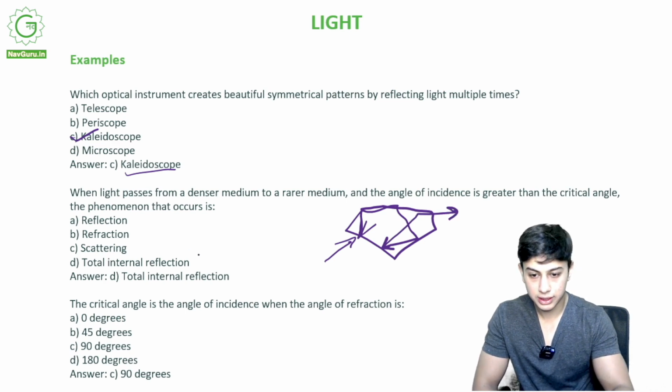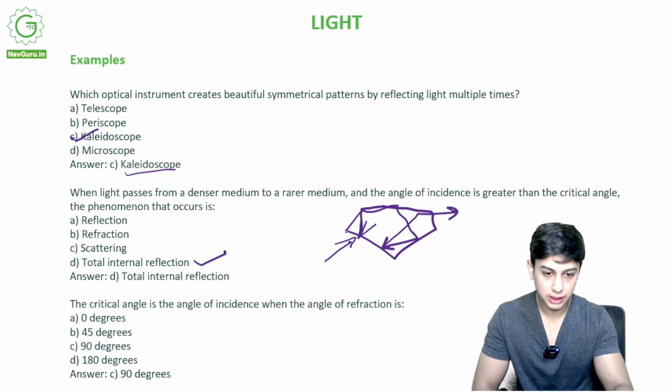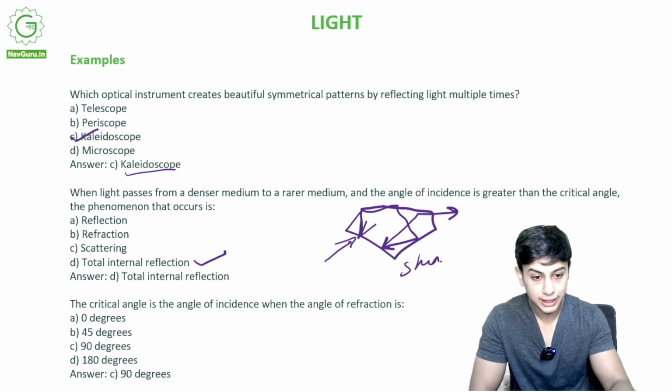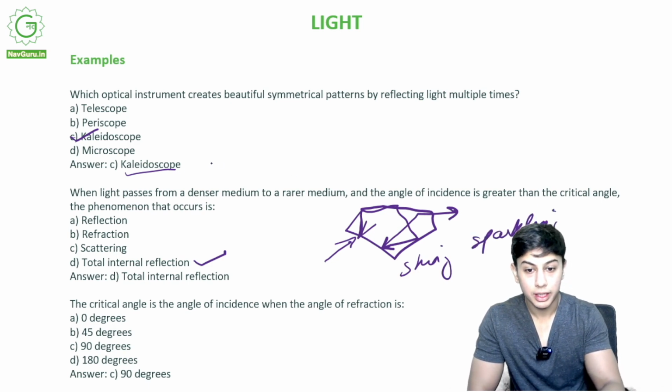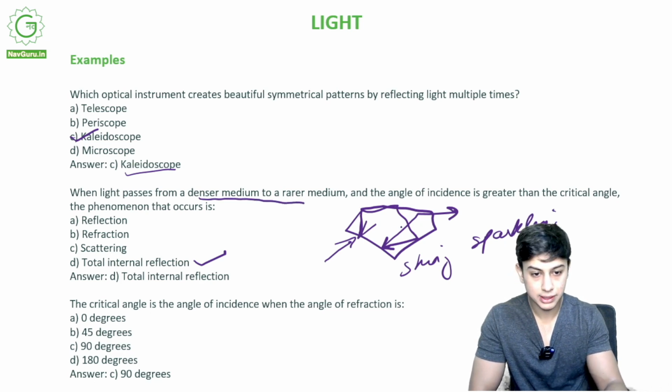Okay, so this is total internal reflection. If you go back to the notes, this is total internal reflection. That is why it appears very shiny, sparkling. It's going from a denser medium to a rarer medium while the light is coming out. Diamond is dense, air is rare. Okay, so it comes out like this.